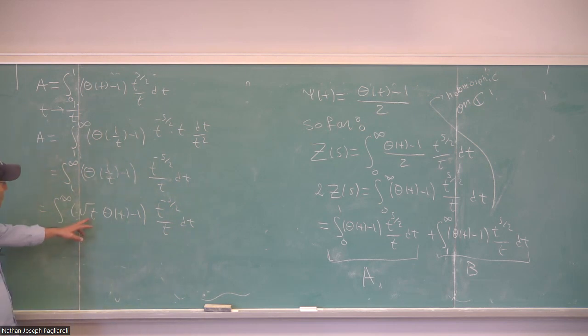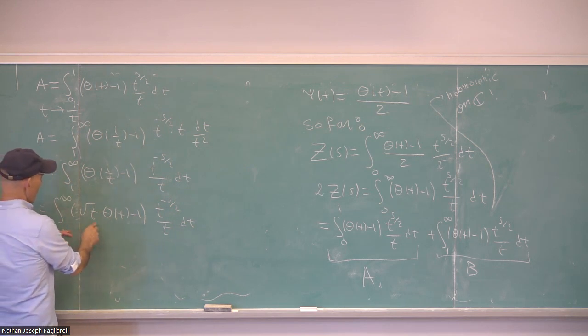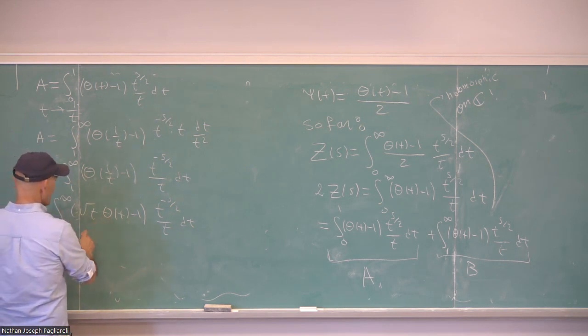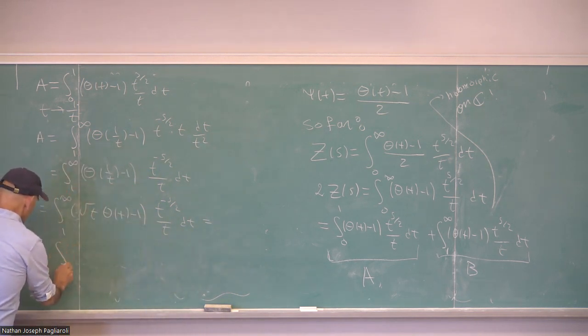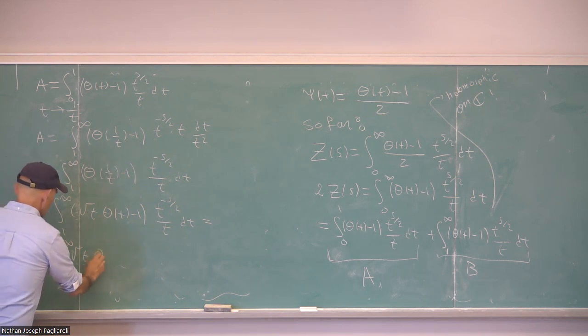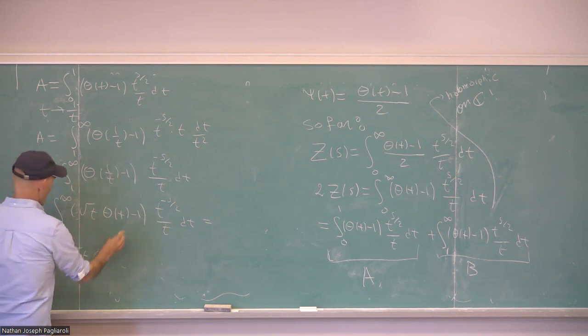So now I'm going to do the following thing. First of all, I just write it as the integral from 1 to infinity of root t theta of t. Okay, so I just multiply this by that.